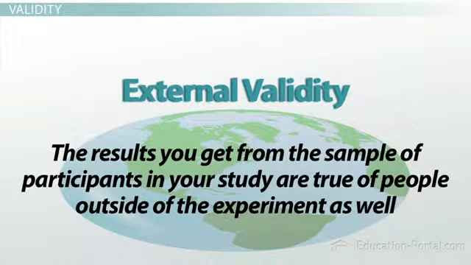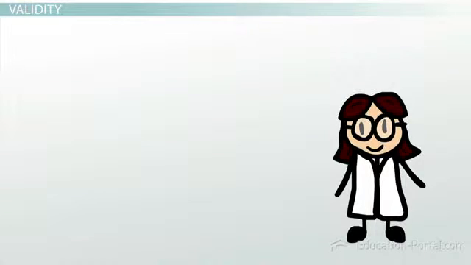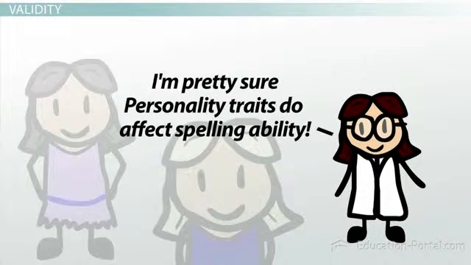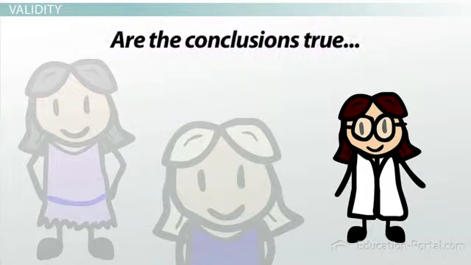In other words, you want to know that your results are true of general people, not just the people in your study. For example, let's say that a particular teacher finds that personality traits do affect spelling ability. But imagine that she works in a school that has only girls. She might be able to reach conclusions about how personality affects spelling for girls, but she can't really say that her conclusions are true for boys, because she simply hasn't tested that.